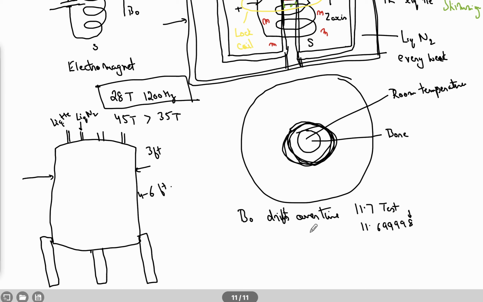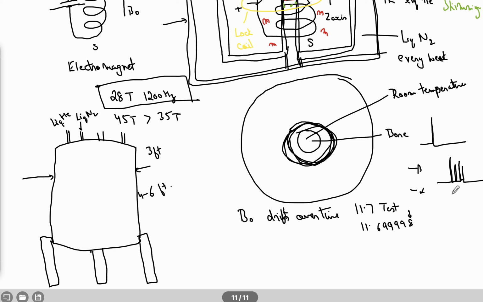If B0 is not constant, that means your delta E between the alpha and beta levels is not constant. If delta E is not constant, then the frequency at which a particular nucleus resonates, or the spectral line where it comes, will be variable, right? If that is variable, then your spectrum would not be constant. So instead of a line appearing at a single frequency, you will have a line appearing at multiple frequencies, right?